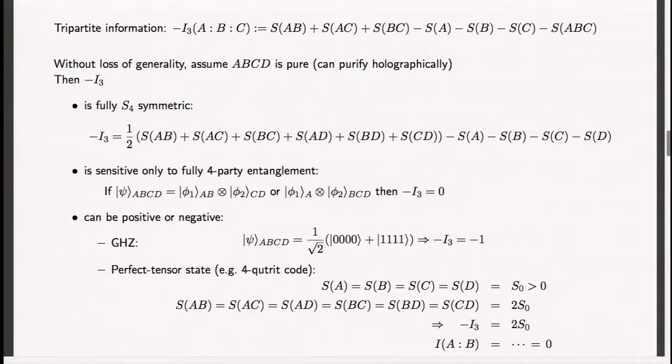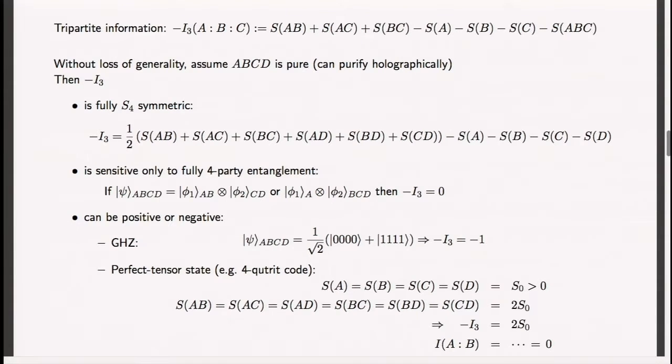Then minus I3, when you write it out, you see that it's fully S4 symmetric, not just S3 symmetric, and therefore I'm going to stop writing the argument ABC because it's the same no matter which three you pick out of A, B, C, and D. It's sensitive only to fully four-party entanglement.